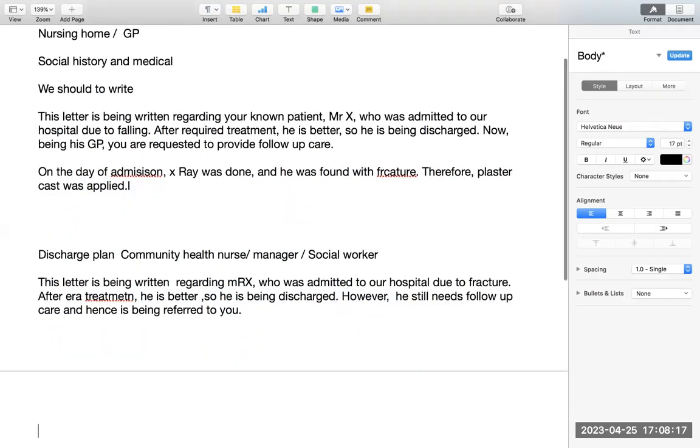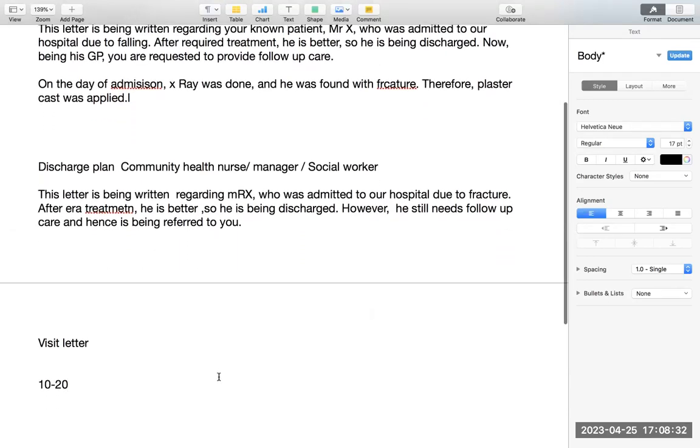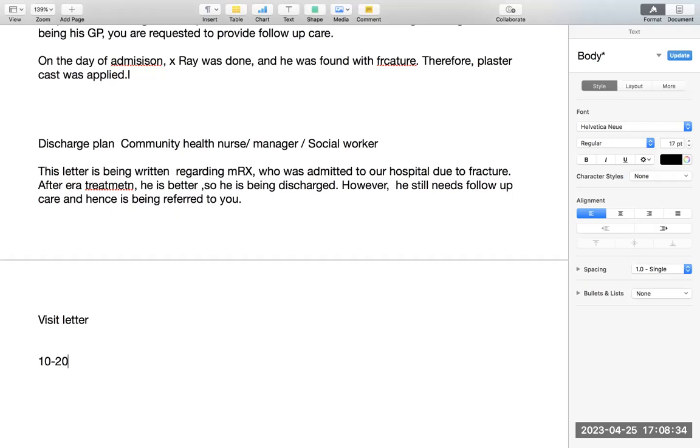But what has not come in the last 10 to 12 times is a simple visit letter. A visit letter means there would be almost 10-20 visits, or maybe even 7 or 8 visits to confuse you, and a lot of data would be given.